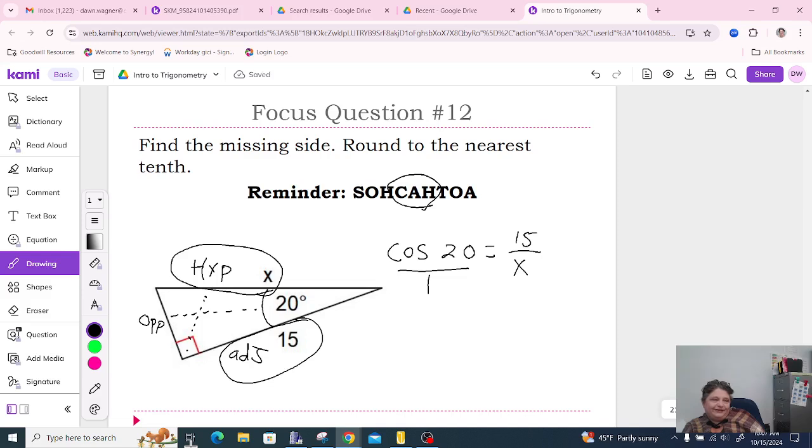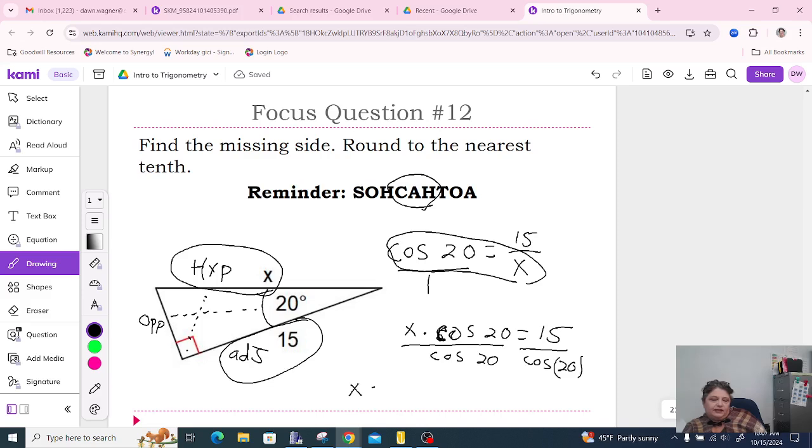You'll end up dividing. But this is why: you get x times cosine 20 has to equal 15. And now you're going to divide by cosine 20. So x is equal to 15 divided by cosine 20.